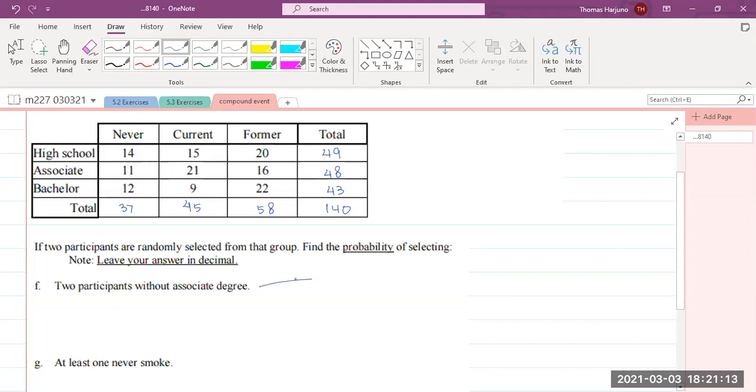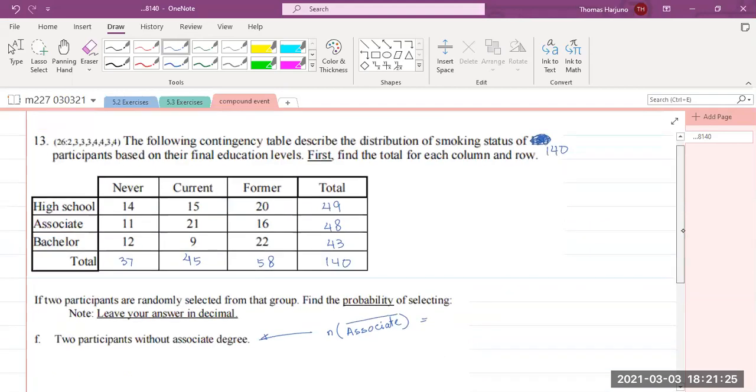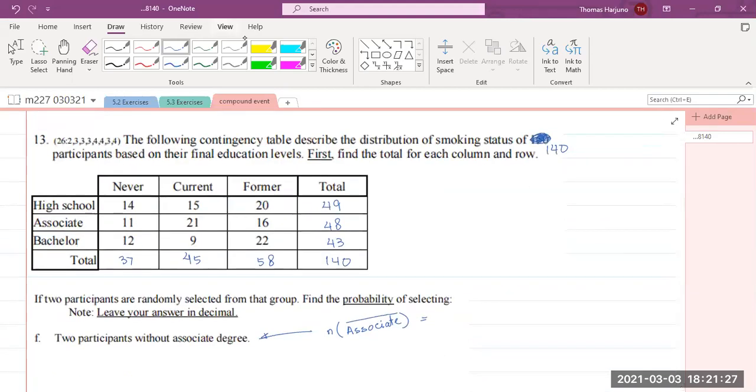So how many people there without associate degree? Like the highest education level is not associate degree. The highest education level not associate degree are the one with high school only or the one with bachelor.